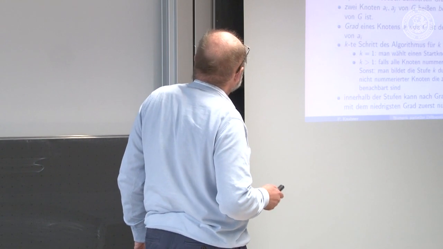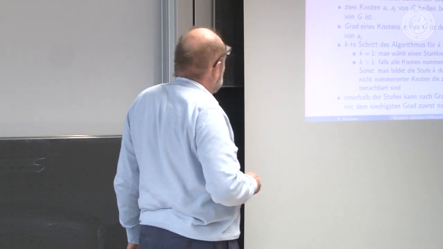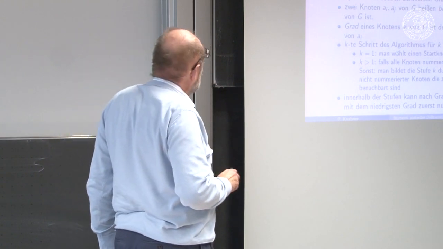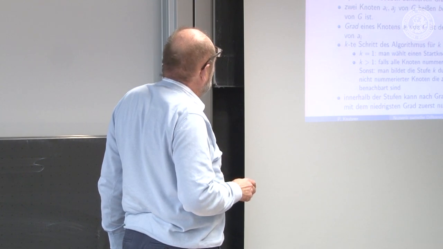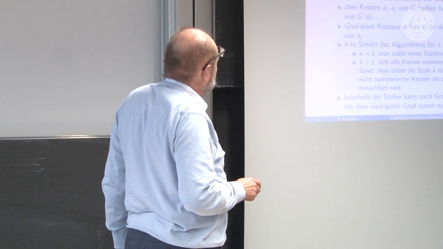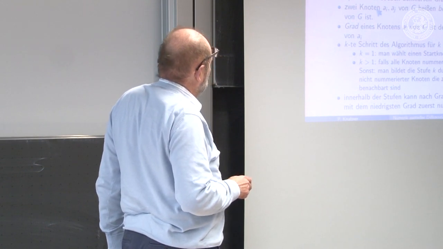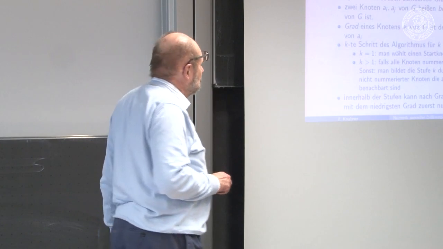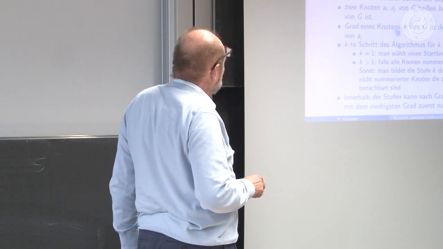So what we are doing is the following, and that is what the algorithm of Cuthill-McKee does. We look at this graph that we just defined, and we call two nodes neighbored if there is an edge connecting the corresponding nodes in the graph. So this is very close to the neighboring relations we had up till now. Then we define the degree of a node.